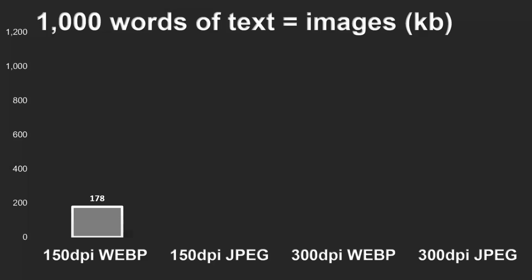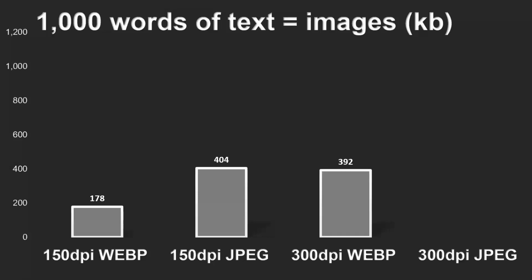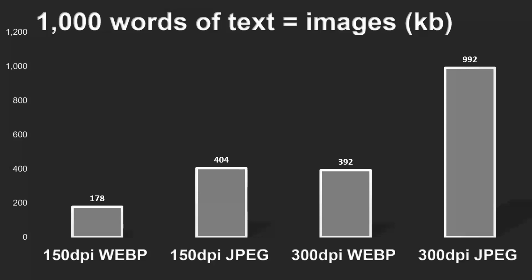If you do WebP, which is the most optimized way to present images on the web, then that equivalent space of imagery was 178 kilobytes. At 150 dpi JPEG, it was 404. At 300 dpi WebP, it was 392, and 300 dpi JPEG 992. So there can be a huge difference between how you optimize your actual images.